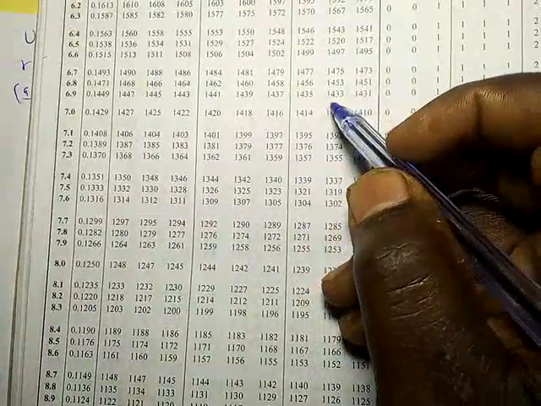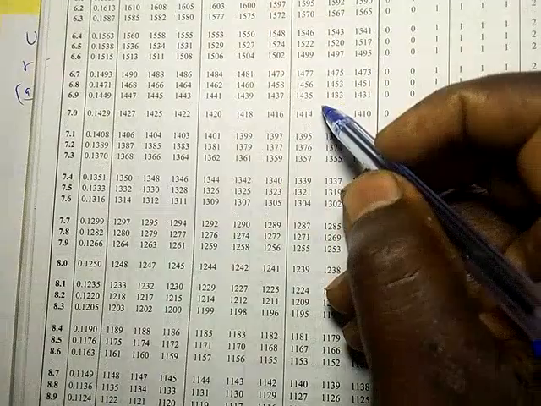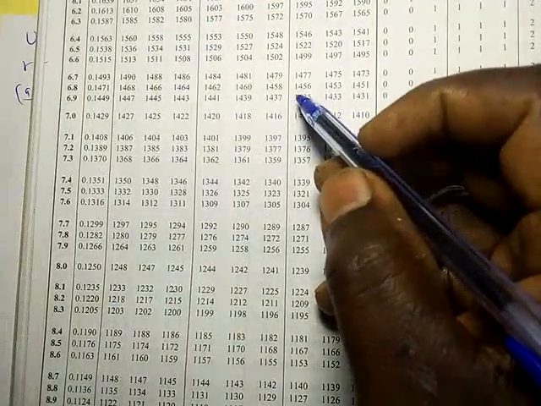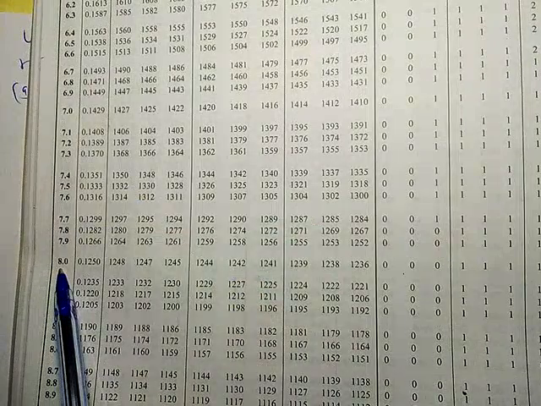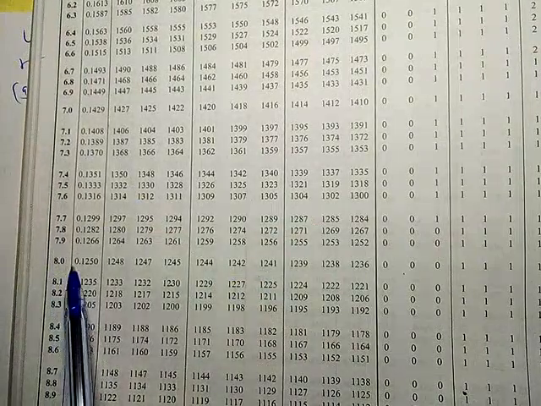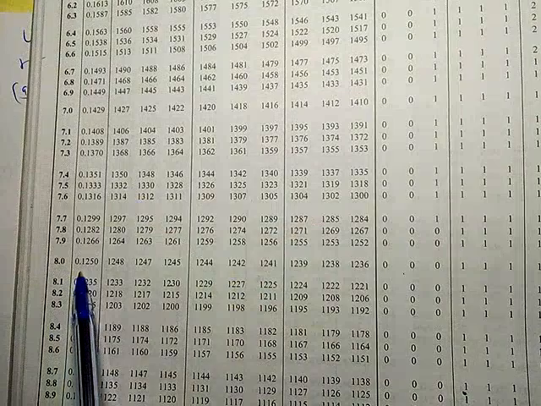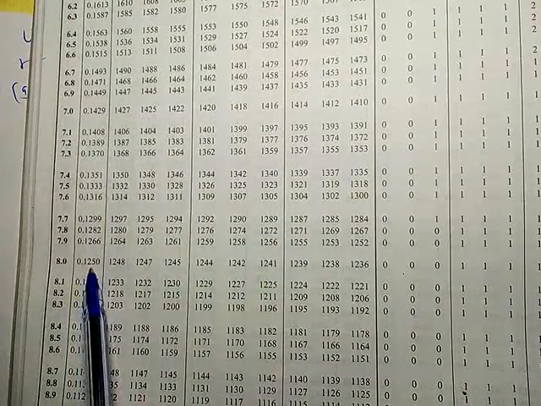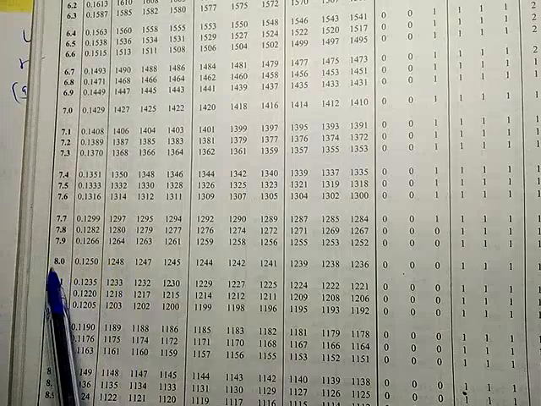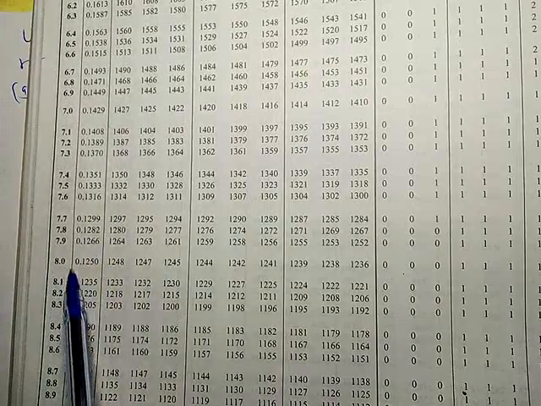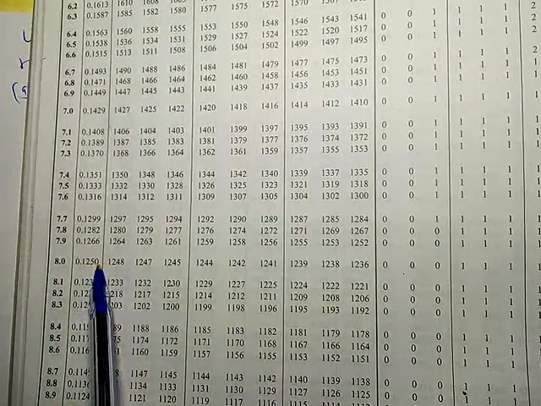Don't expect to get just 8 in the table; you will get 8.0. So go where you have 8.0. The reciprocal is 0.1250, just as straightforward.